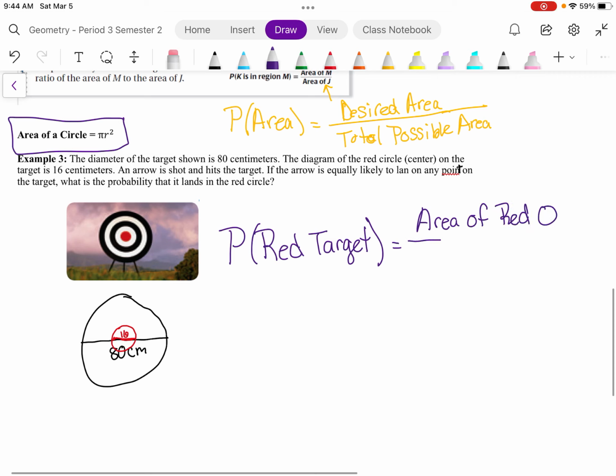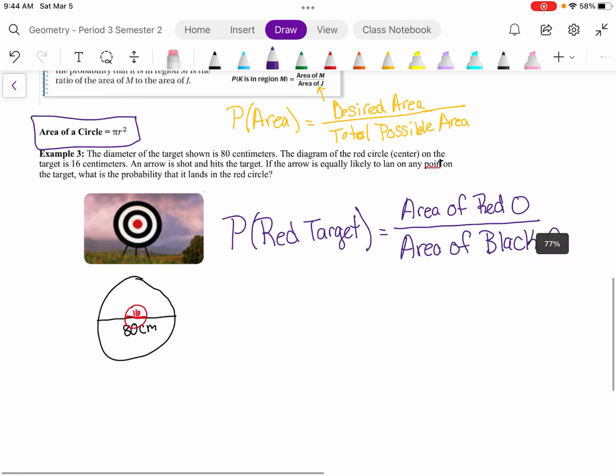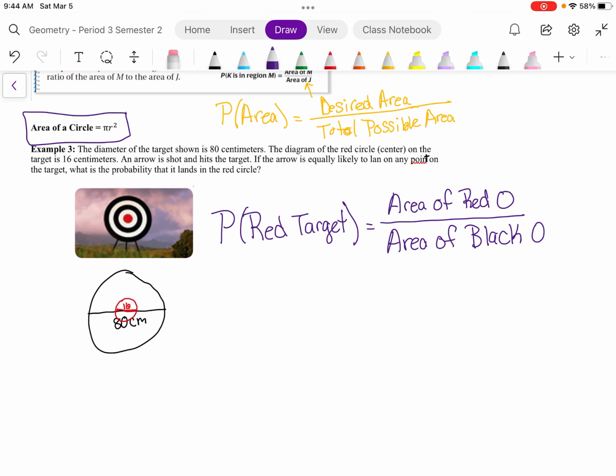And then on the bottom, we're going to have the area of the outside circle, or the black circle. So now we can calculate those values.